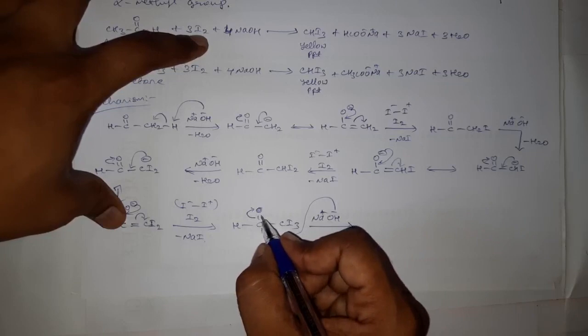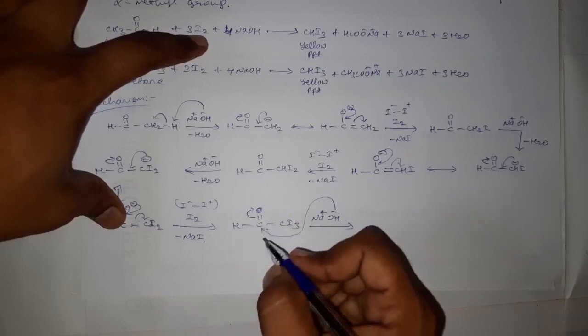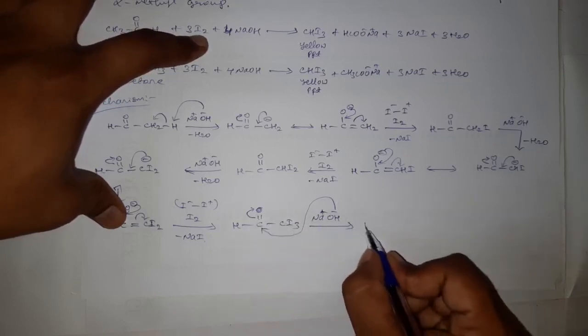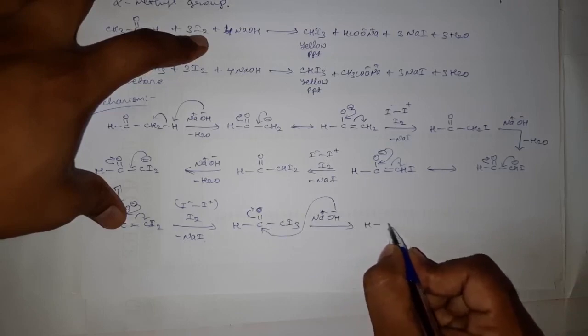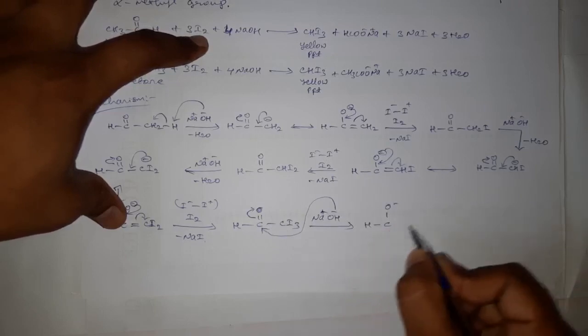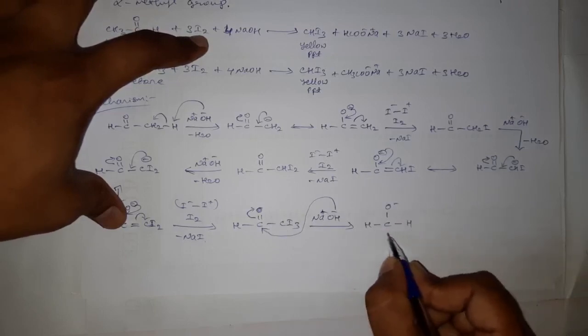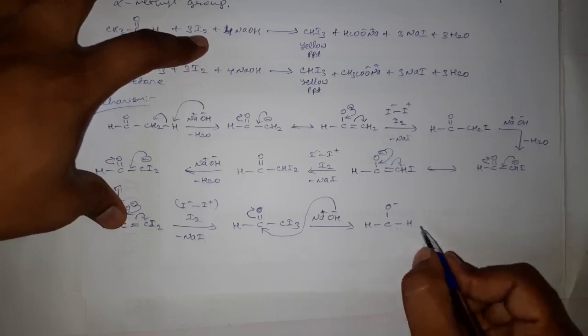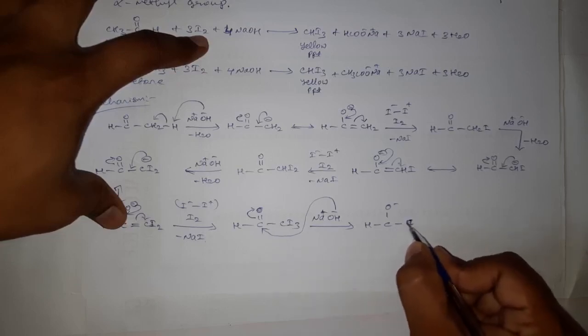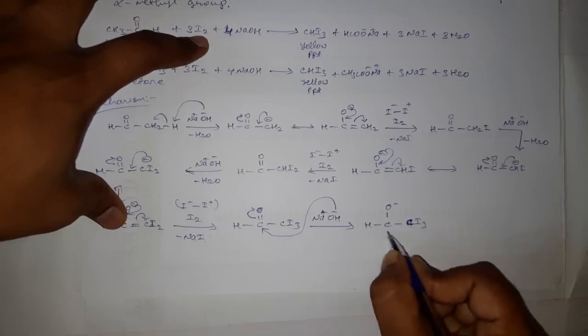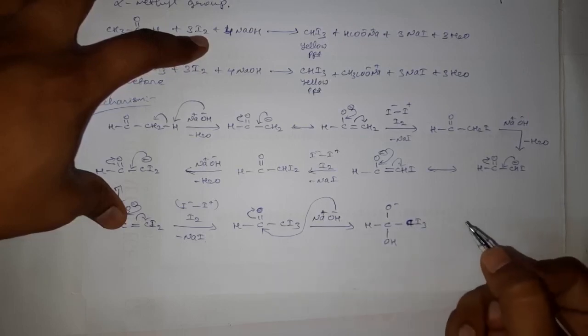The pi bond electrons will now move towards oxygen, and hence here we will get HCO minus CI3 OH, correct?